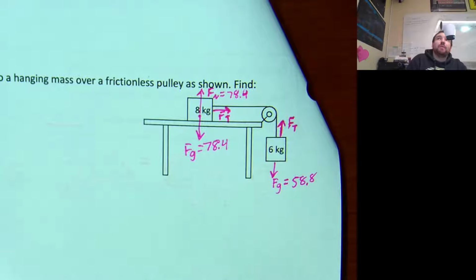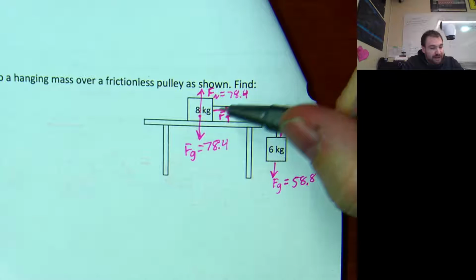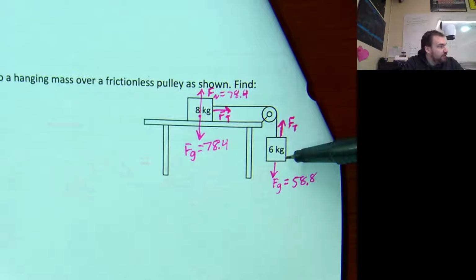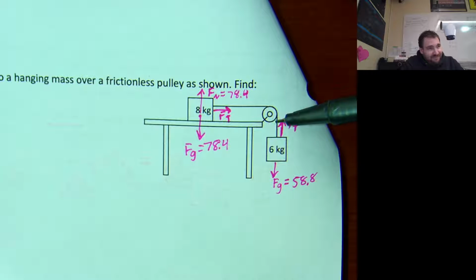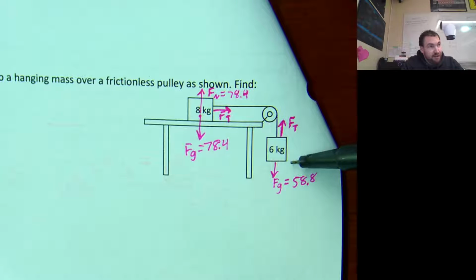So then which way do we want to consider positive in this system? For the 8 kilogram block, or for the 6 kilogram block, or for both? No, we want one direction. I'd take the right then for the 8 kilogram block. Remember, because the pulleys change the direction of the forces, it also is going to change the direction of what we consider positive.